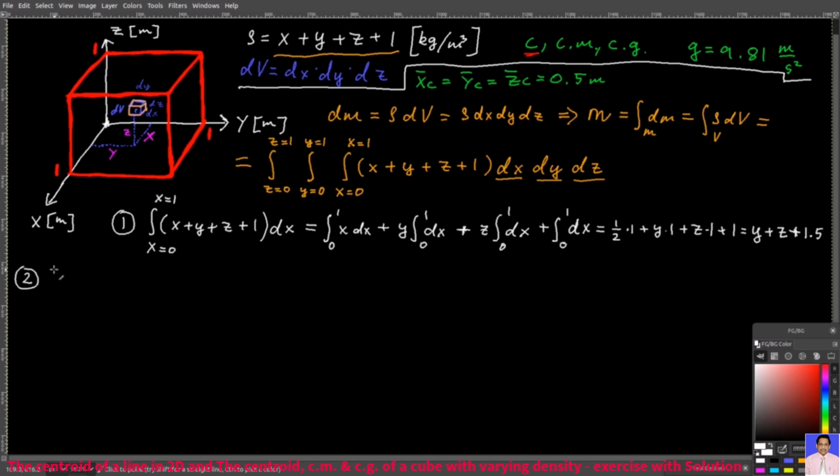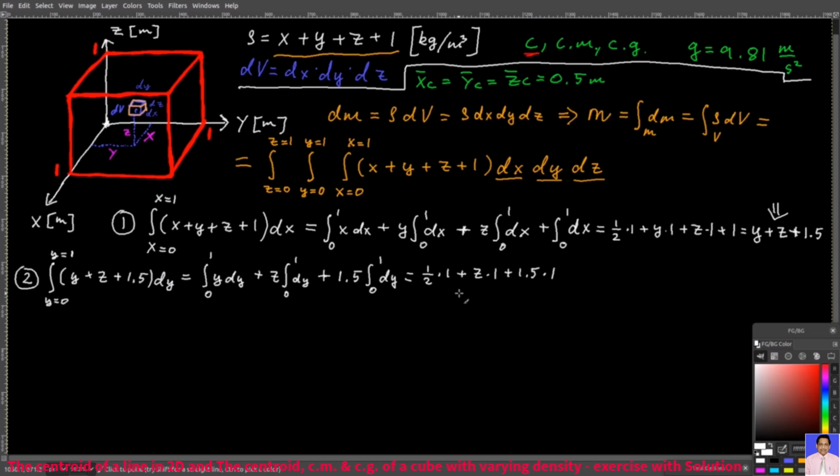Then, in the second part, I will have this integral with dy, so I'm integrating along the y direction now, and this one here, that's this result here. So you can write it out like this. This will be the evaluation of these integrals, and in the end you will get this final result, z plus 2.